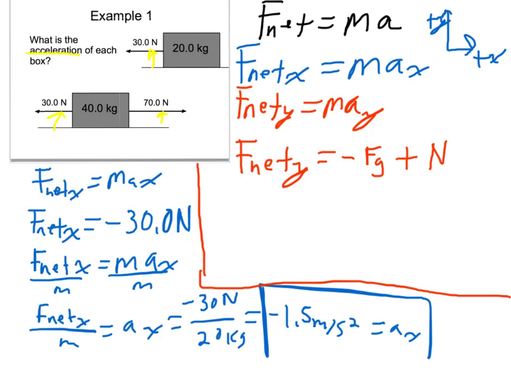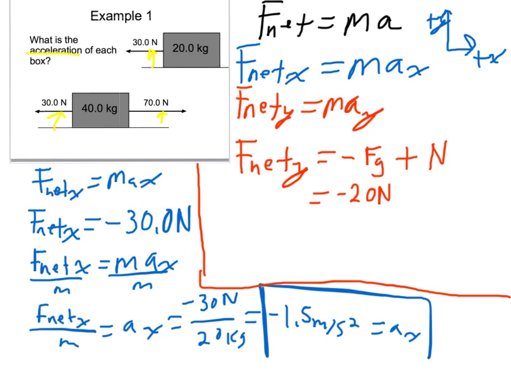You should now be able to tell by looking at that box that the force of gravity on it is 200 newtons. 20 kilograms times 10 newtons per kilogram is 200 newtons. At this point, you need to be able to just whip out weights when given masses. So the gravity force is negative 200 newtons, because gravity is pointing down.